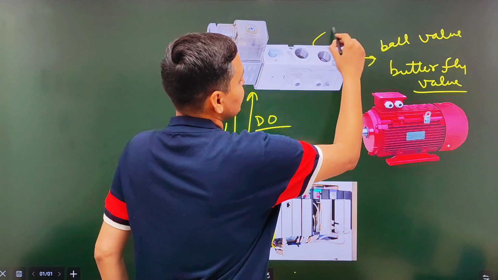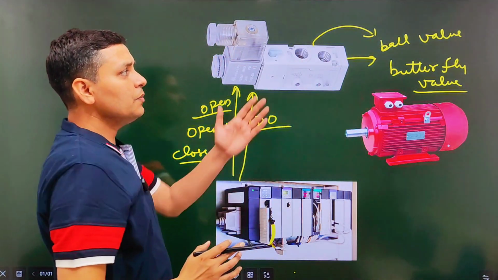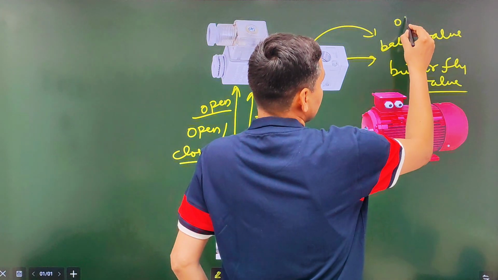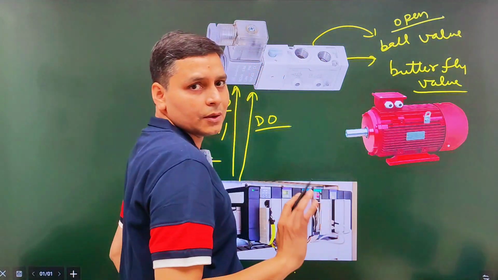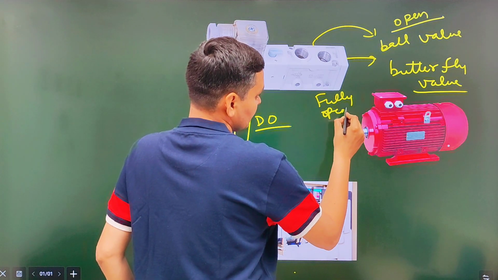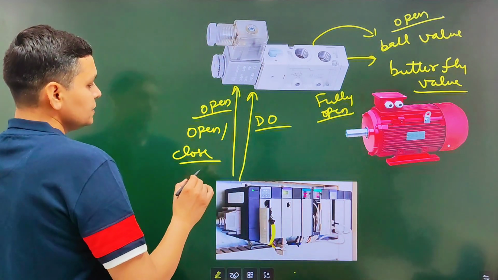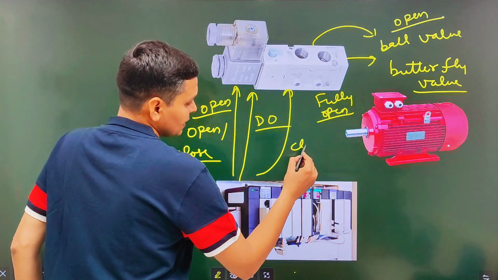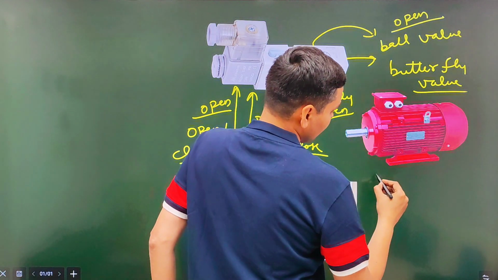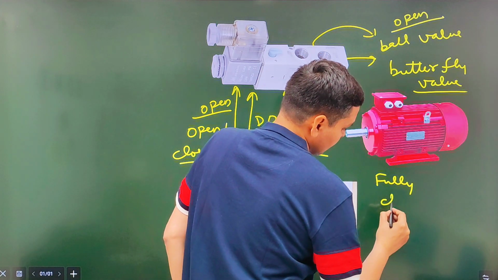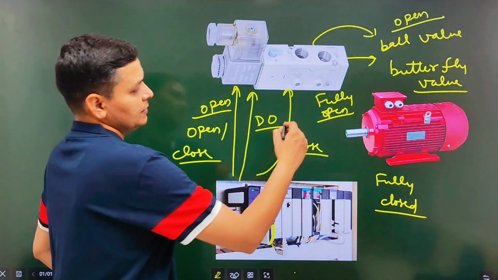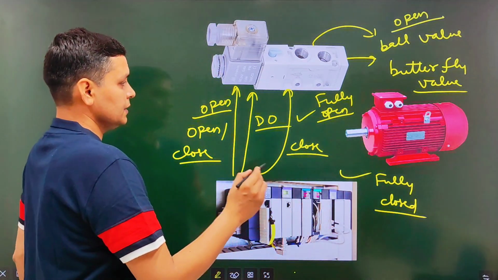After this, the signal will transfer from the solenoid valve to the butterfly valve or ball valve, and the valve will open. It will be fully open. And suppose now we are giving a command to close the valve, then according to that command, the valve will be fully closed. There are only two states, fully open and fully closed.